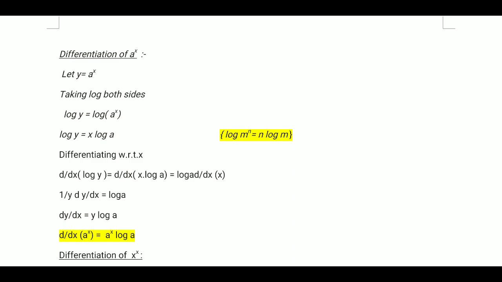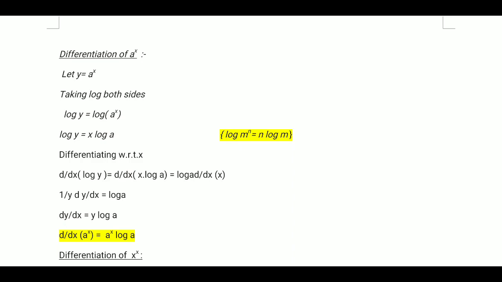So firstly we consider y is equal to a power x, taking log on both sides. It will become log y is equal to log a power x. Now apply the properties of log. Log y will become x log a, as the power comes into product form.